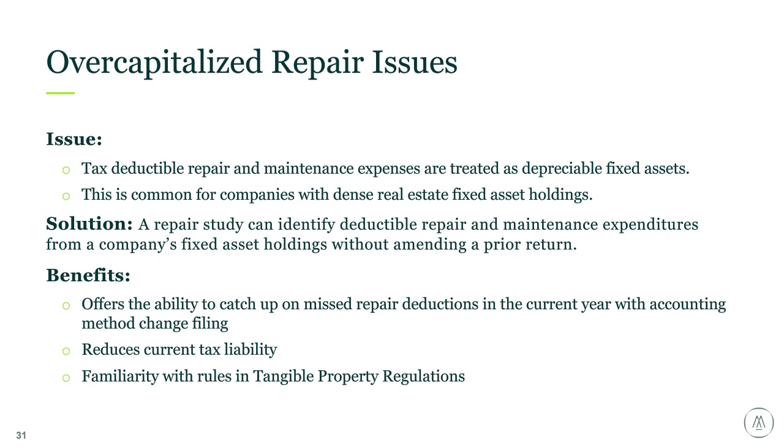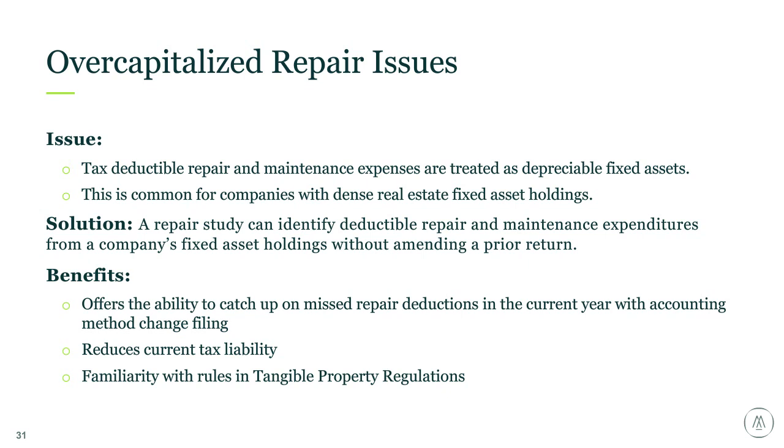The good thing is that there is a solution of doing a repair study. You should be able to consult with a professional, hopefully one, again, that has cost segregation or some form of real estate experience to help you apply that framework guidance under the regulations, especially for those years where you have material fixed asset activity or capital projects related to your real estate holdings.